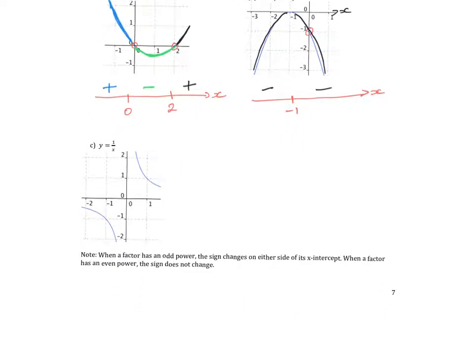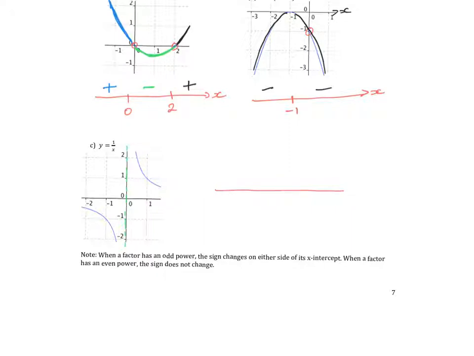And finally, for the last one, now I'm going to draw my sign diagram over here. So what have we got? In this case, we've actually got no x-intercepts. But we do have, hopefully you realize, for y equals 1 on x, a vertical asymptote at 0.